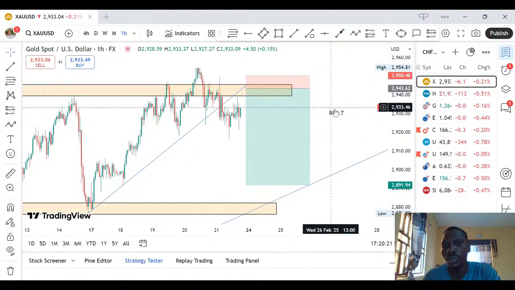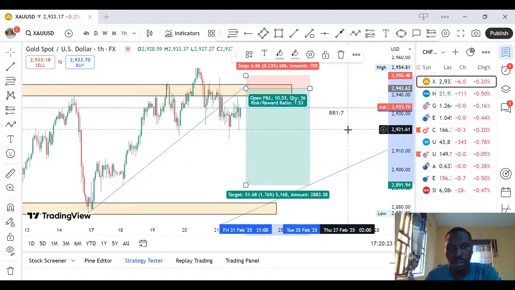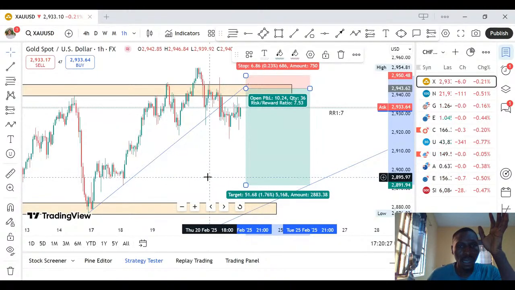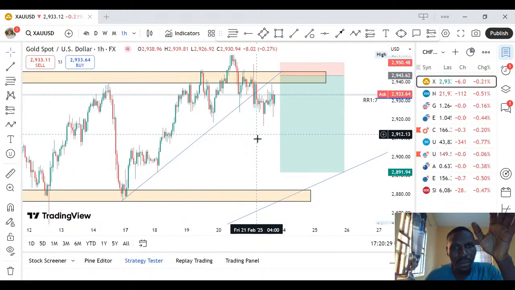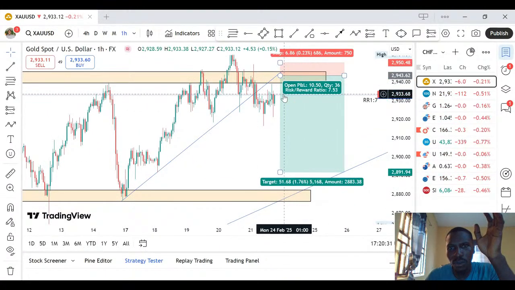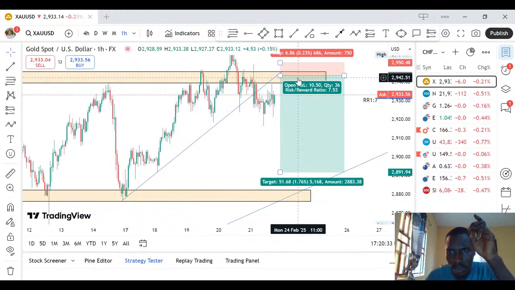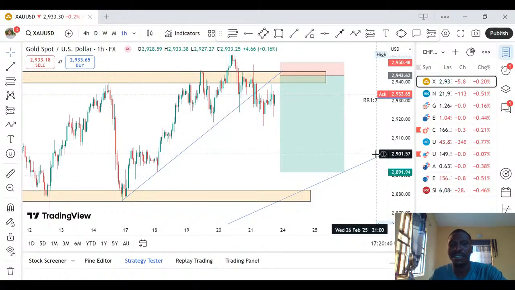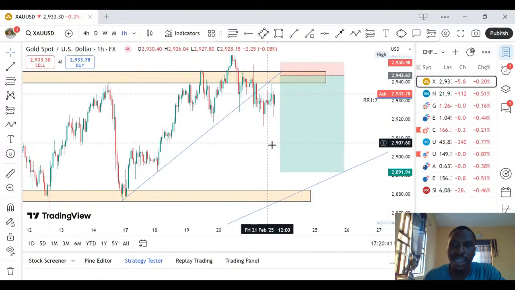So the risk to reward of 1 to 7 is what we have here. You're hearing it here that we are expecting gold to do a pull up to this point, to 2942, then we sell to 2893. So that is that on gold.